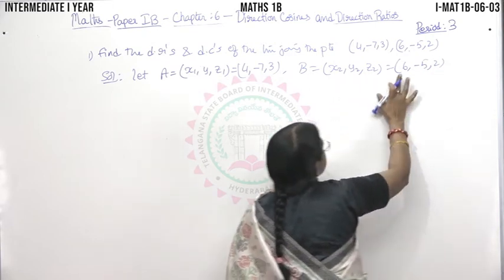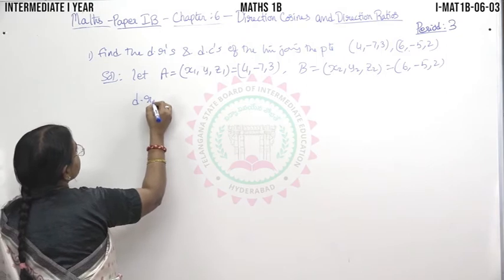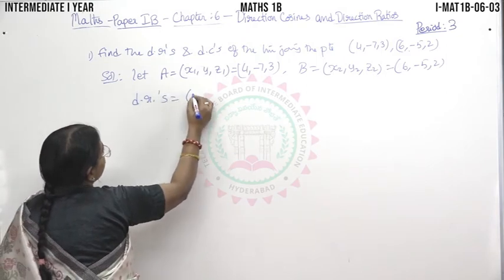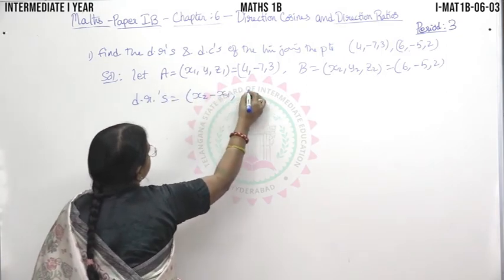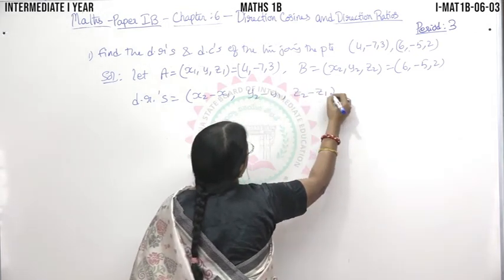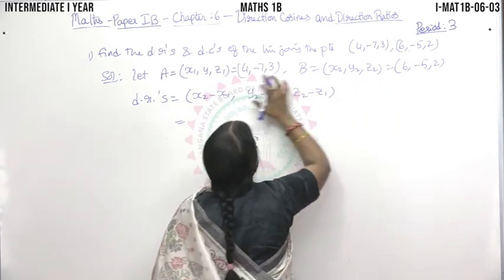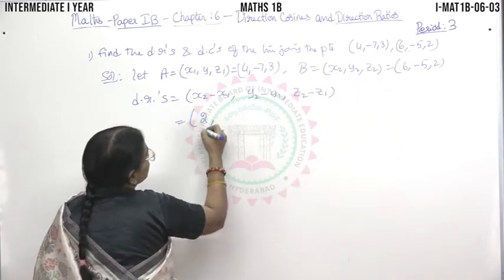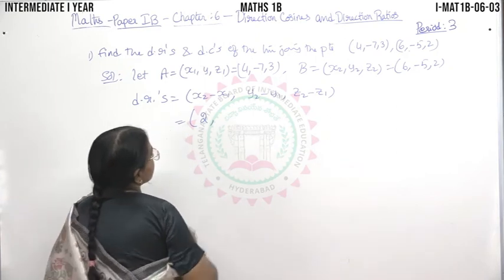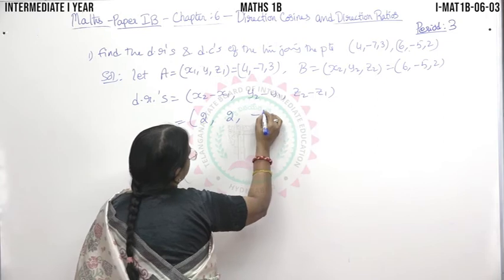So x2 is 6 like that. What are the direction ratios? The DR's formula is just x2 minus x1, y2 minus y1, and then z2 minus z1. 6 minus 4, 2. Minus 5 minus of minus 7, 2. And then 2 minus 3, minus 1.